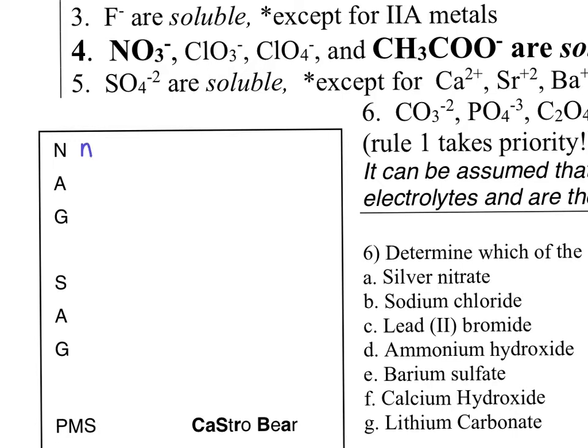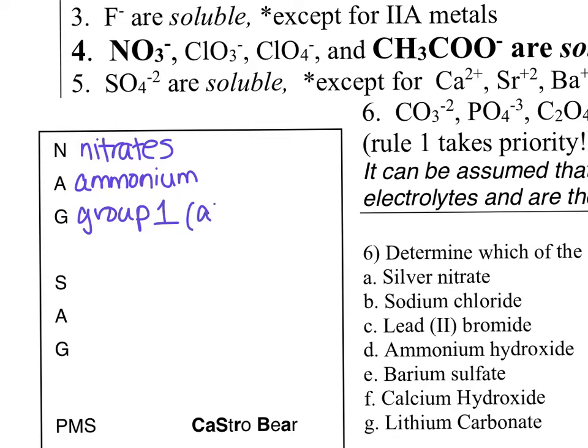N just stands for your nitrates. Anytime nitrates are involved, you are soluble. The minute you see nitrate, soluble. A is ammonium, not to be confused with ammonia. Ammonium, NH4. G is group 1, also known as your alkali metals.